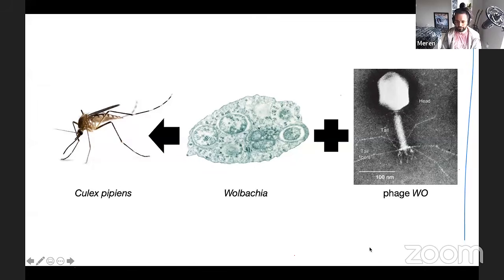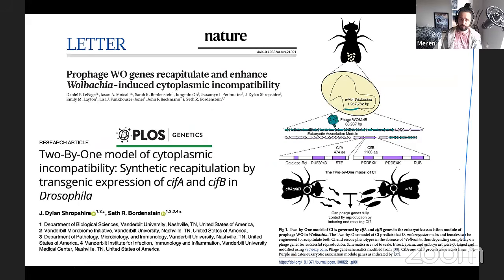I think so far it's already very interesting and fascinating, but it continues to be even more ridiculously interesting, because you realize that the system also includes this phage that infects this Wolbachia bacteria. And if you go to the literature and read from Seth Wardenstein's group, they have been able to characterize the mechanistic underpinnings of this cytoplasmic incompatibility.